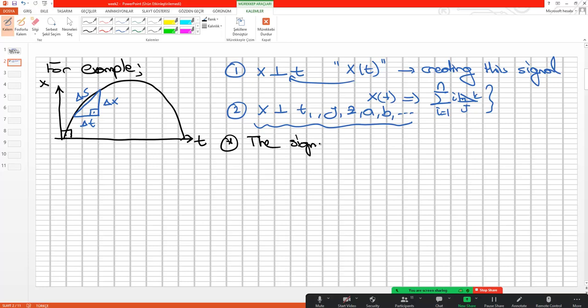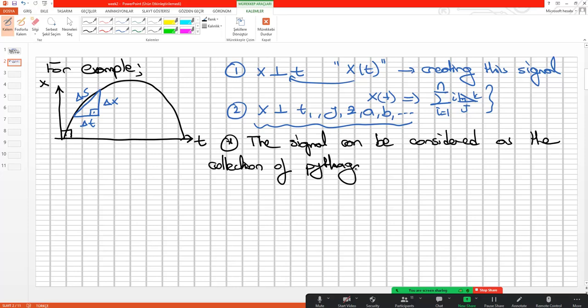The signal can be considered as the collection of Pythagorean triangles, and this triangle preserves continuity.